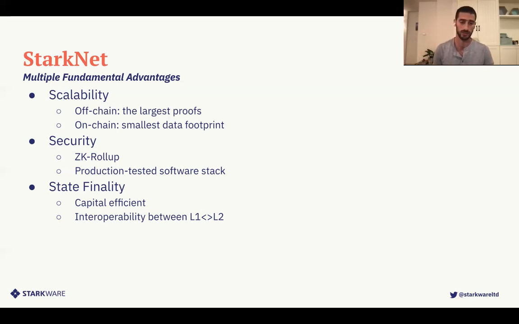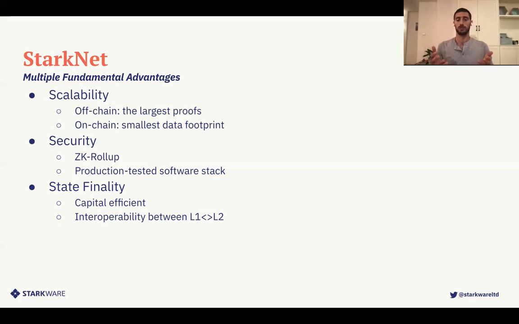And lastly is the state finality. Since we're using proofs, all the state updates that occur on chain are final. We've written a lot about why this results in a capital efficient system. But I think one thing that was not much discussed in the ecosystem is the ability to create interoperability between L1 and L2.